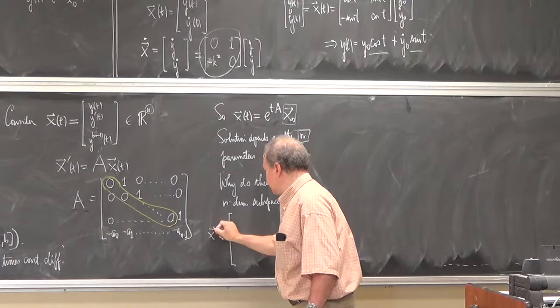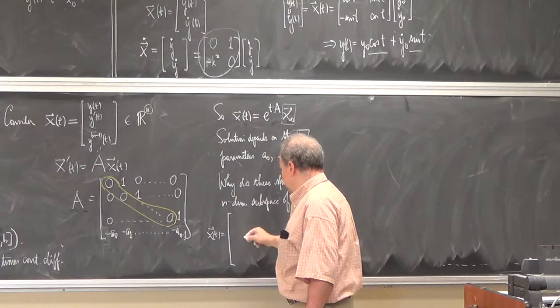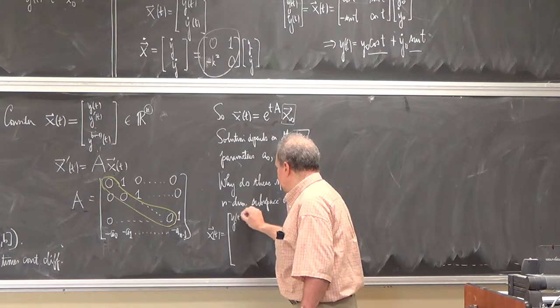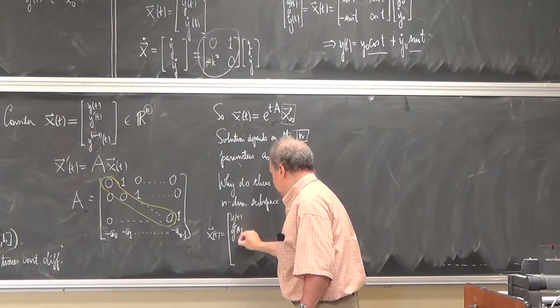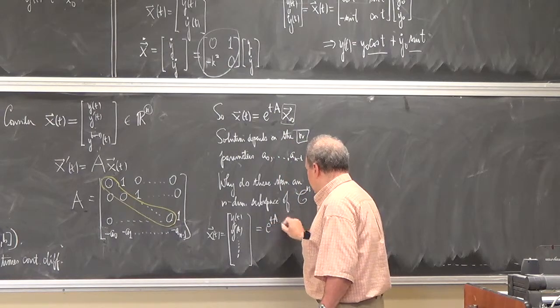So x of t, which looks like y of t, y prime of t, and so on, is e to the tA times x naught.